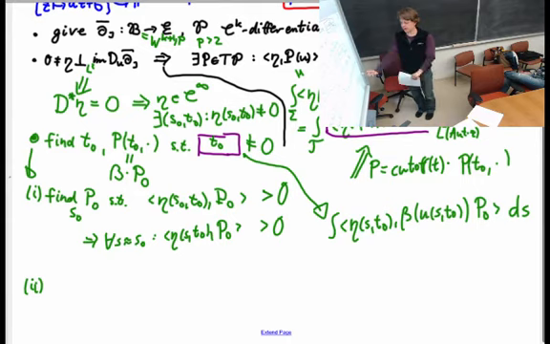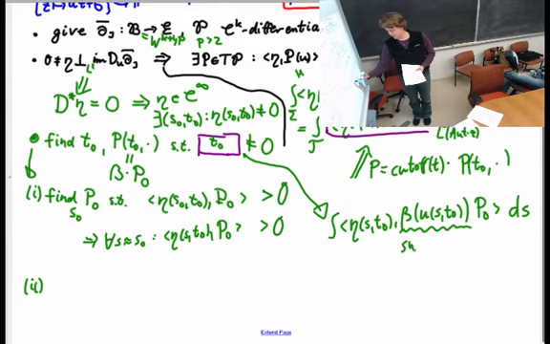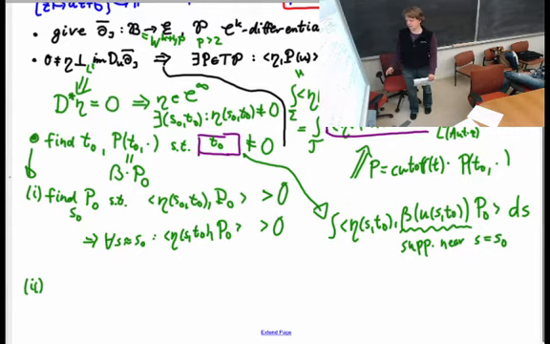I'm not allowed to let beta depend on s because that would break my automorphism symmetry. And so I would like this cutoff here to be supported near s equal to s0, so that I could deduce that the pairing is always positive, and so the integral is positive.